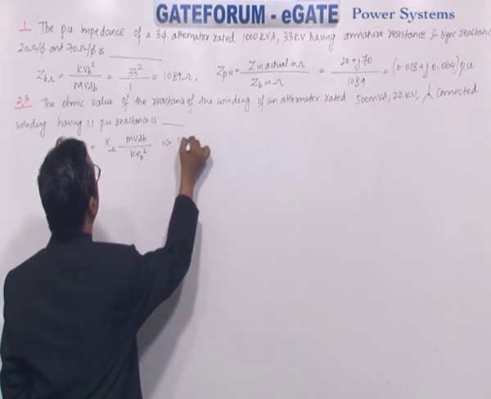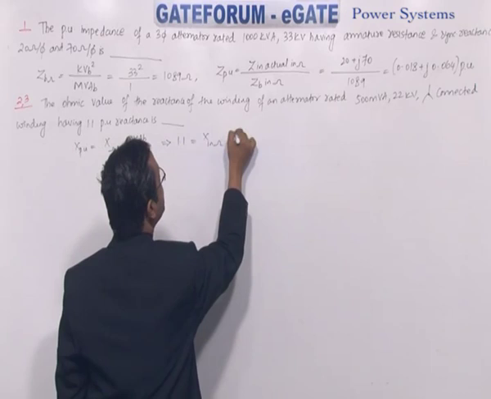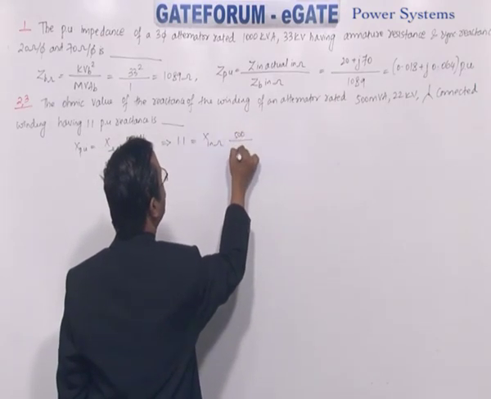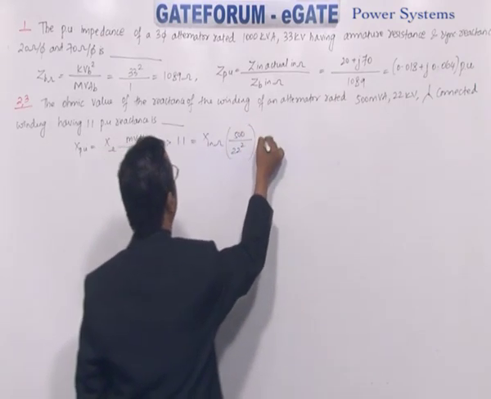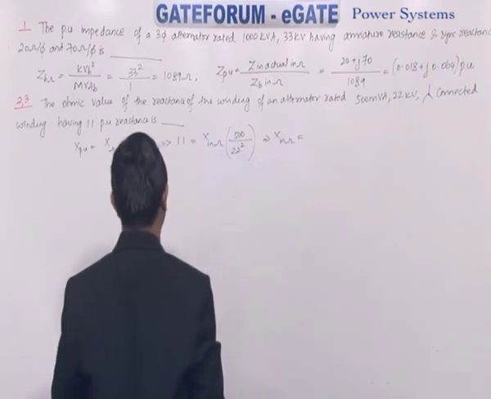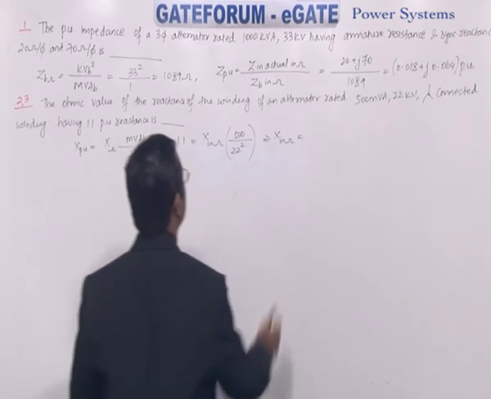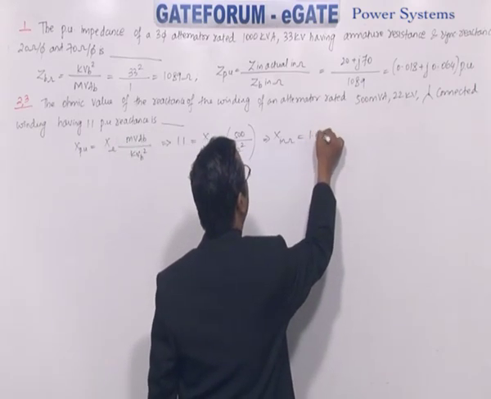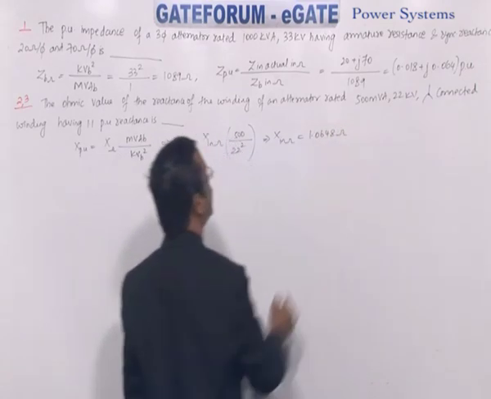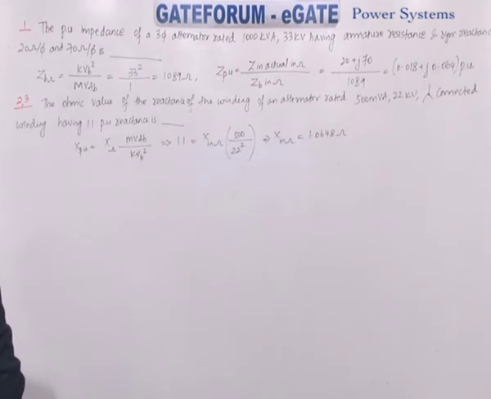X is 1.1, reactance in ohms you don't know, base MVA 500, base kV 22 square. You simplify this and find out the reactance in ohms. So 1.0648 is the reactance in ohms.